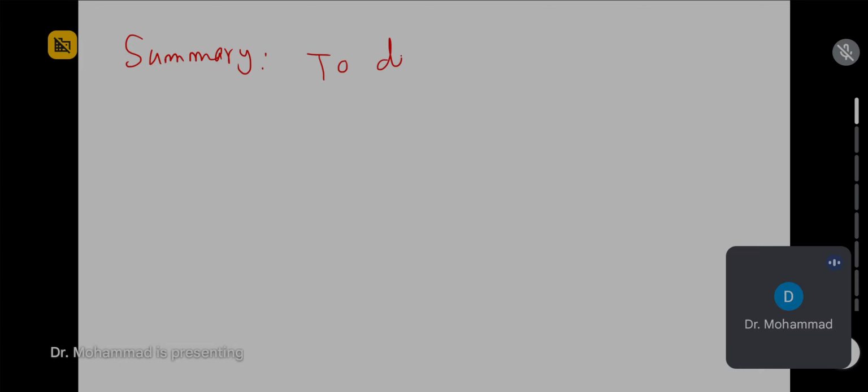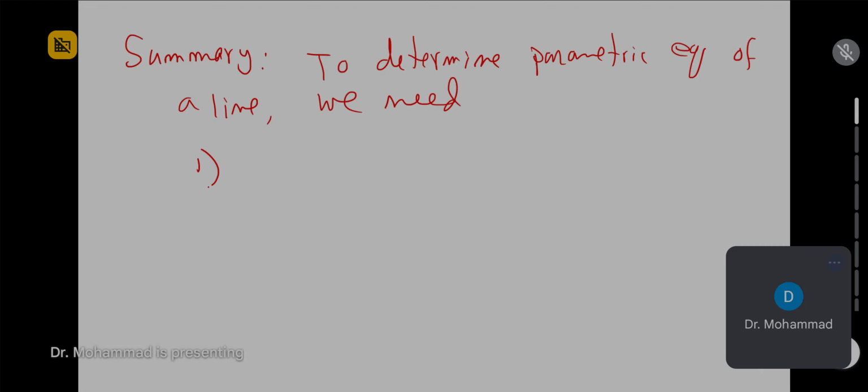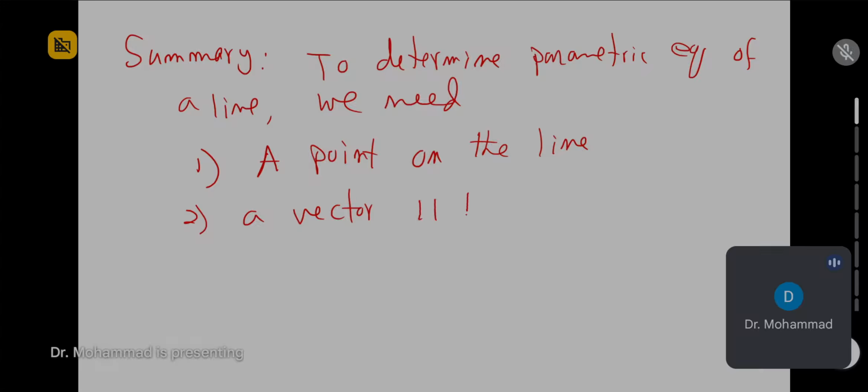To determine parametric equations of a line, we need, number one, a point on the line, that is R naught or P naught, and two, a vector parallel to the line.